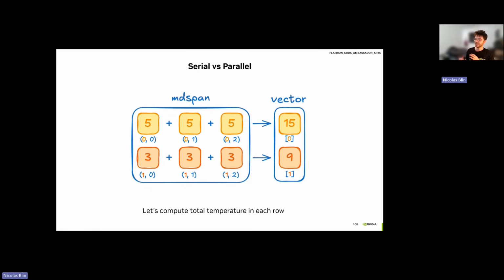We can take the sum and store that as a 15. Same for the bottom, we can take all the 3's, compute the sum and store that as a 9. So now the question is, how do we implement the row-wise aggregation in a clean and efficient way?